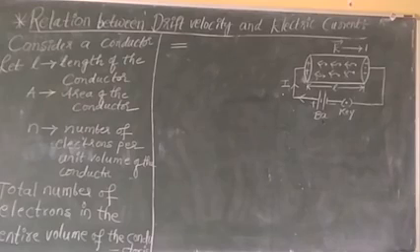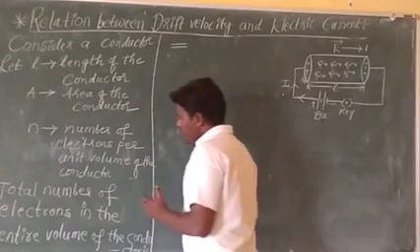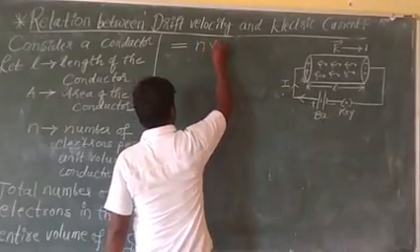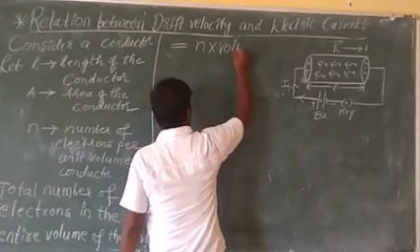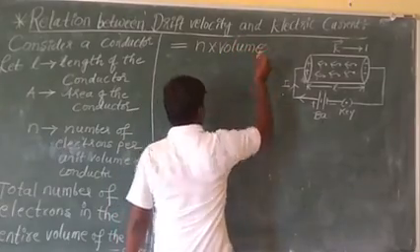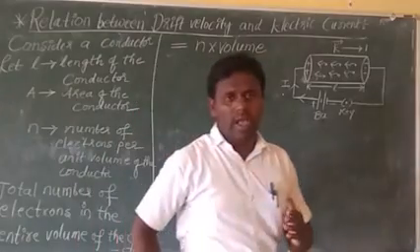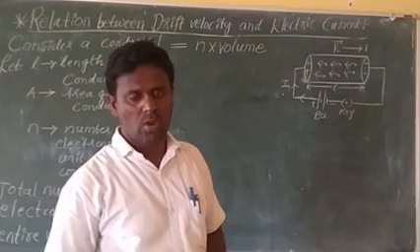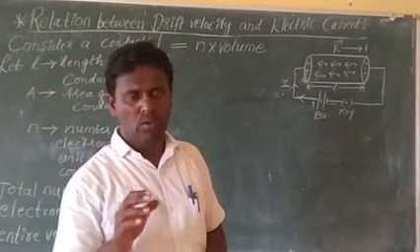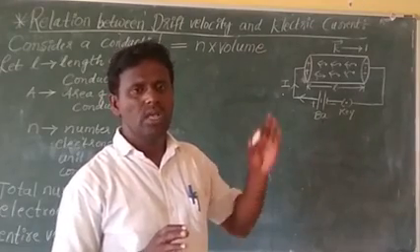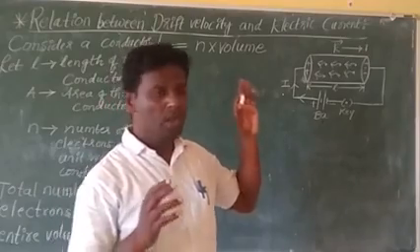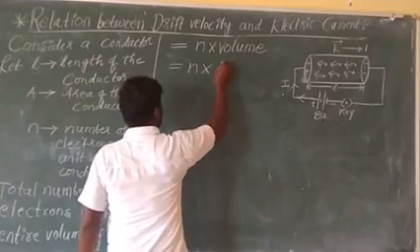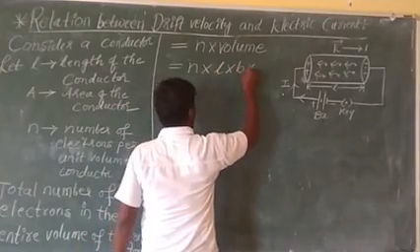See, the total number of electrons in the entire volume is n into volume. See why I considered n here? Because n is the number of electrons present per unit volume of the conductor. So n into volume. Volume means length into breadth into height.